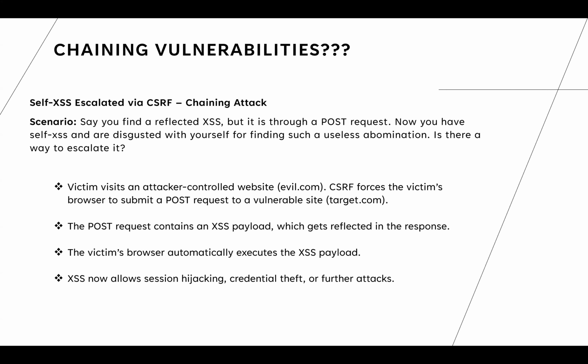So no URL parameters, you can't just send the URL to someone and have it trigger. You essentially just need the user to type that into the form. Well, now you can use CSRF to type that into the form for the user and get that reflected XSS without worrying about URL parameters. That's just another way you can steal credentials, hijack sessions, stuff like that, without worrying about the whole self-XSS thing.